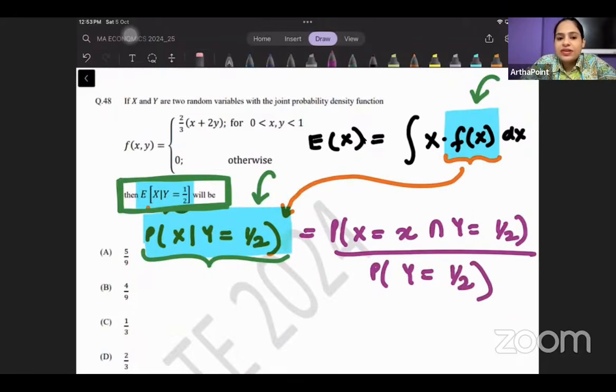What is the numerator representing? We have done this kind of question last class में. What is the numerator representing? Anyone? X का कुछ value और y का कुछ value. What is this word called?